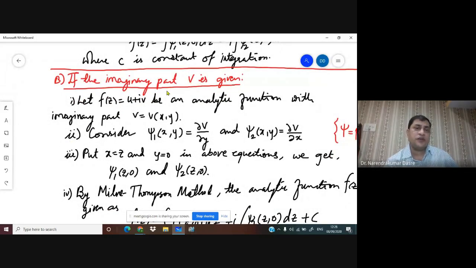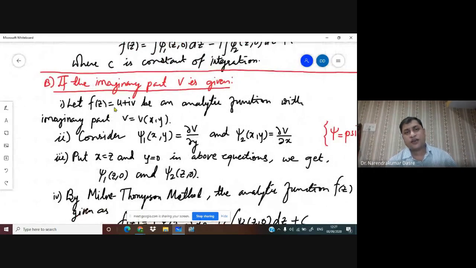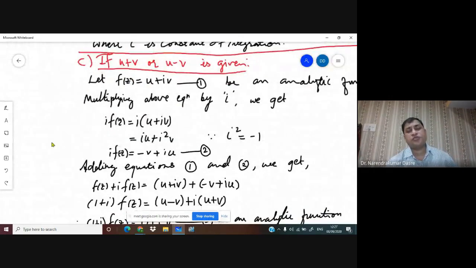So instead of small v, we'll have capital V, and instead of the function f(z), we'll have (1 plus i) times f(z).